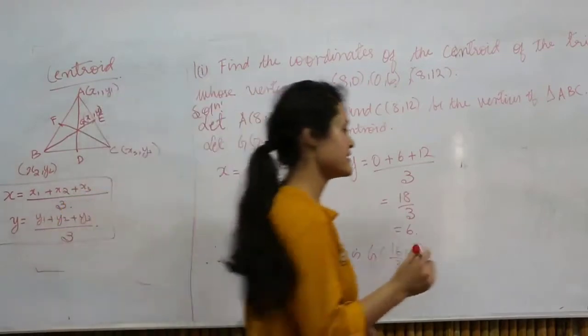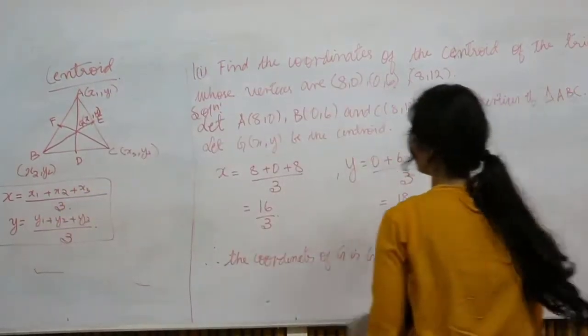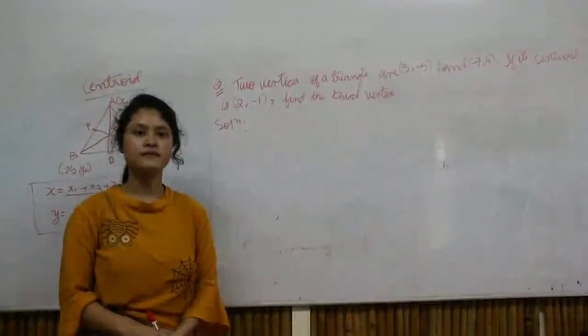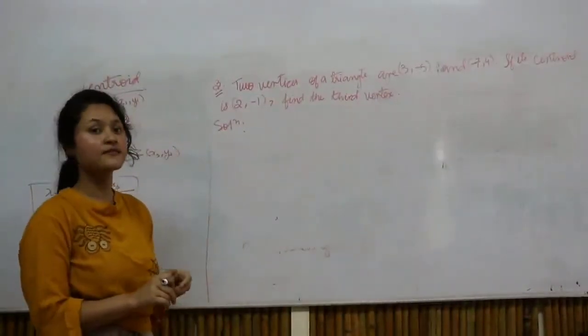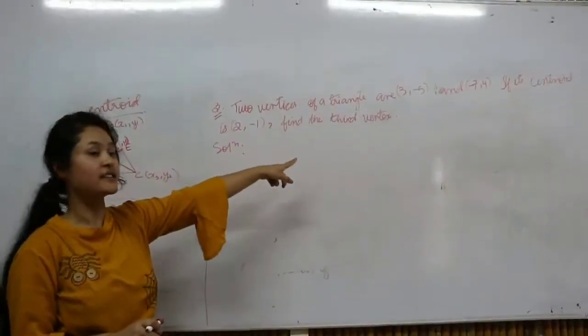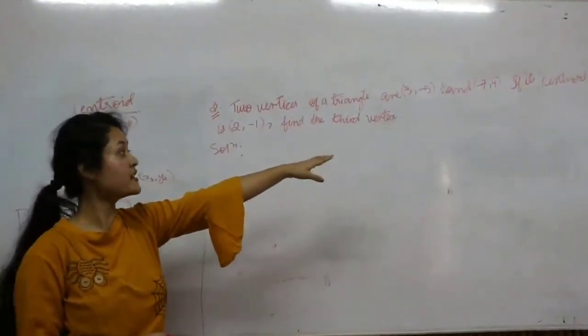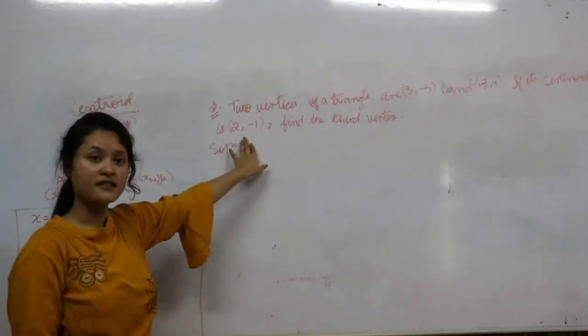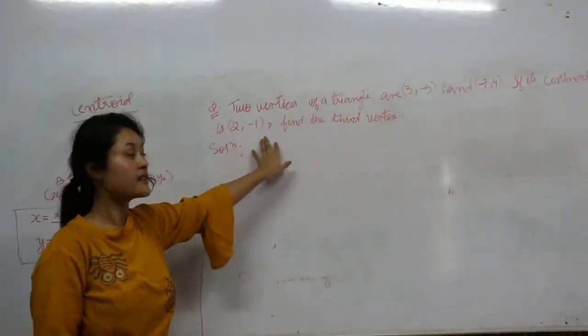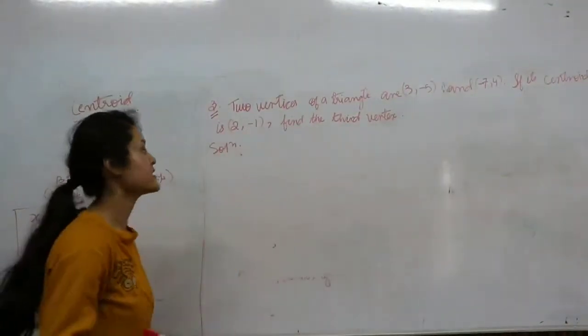One more exercise. Let us see this question. Two vertices of a triangle are (3, -5), (-7, 4) and the centroid is given (2, -1). We have to find the third vertex.